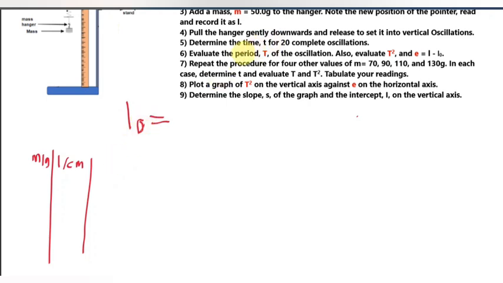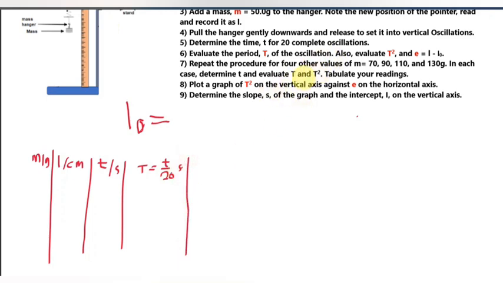Then we are also asked to determine t for 20 complete oscillations. So we're going to put t in seconds. Then we are going to evaluate T, which is small t divided by 20, in seconds.